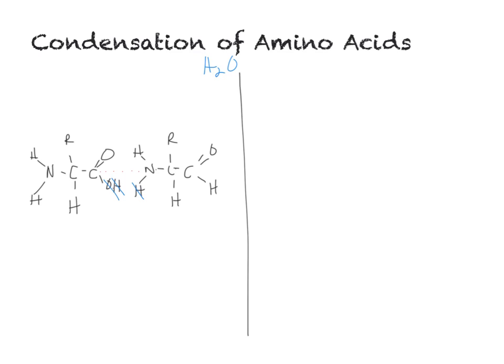Okay, so I'm going to kind of draw these the same way. Start with my central carbon. Okay, I'm not going to draw in that OH group because we're going to end up using that. Okay, but I never touched this amine group, so I'm going to leave that the same. Same with my R group and the hydrogen.